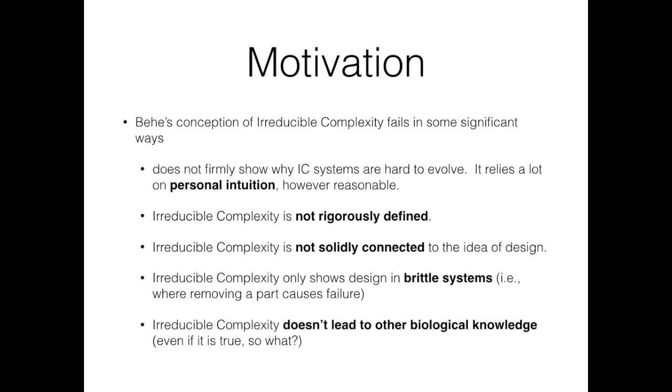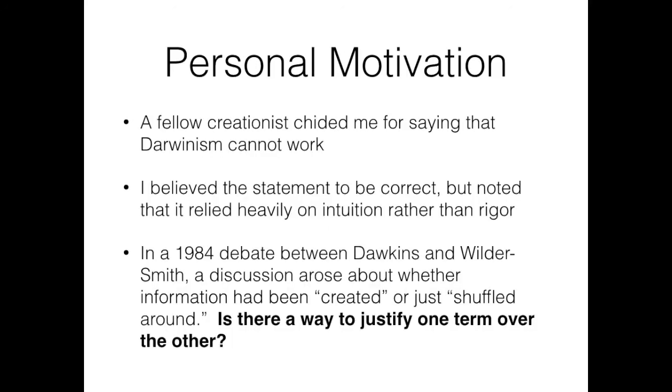Okay. So then I also had a personal motivation. I was having a discussion at a creation biology society meeting, and there was a lady there who was doing research for a book, and we were discussing Darwinism and creationism.